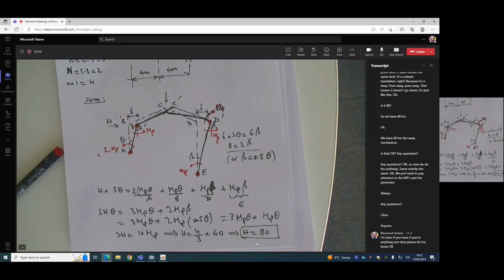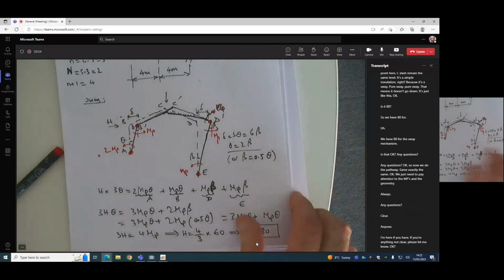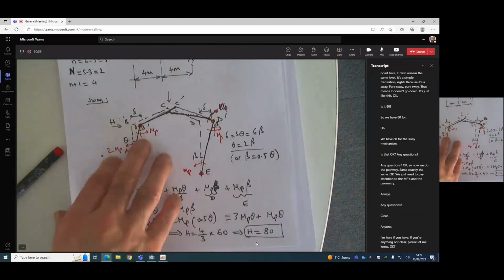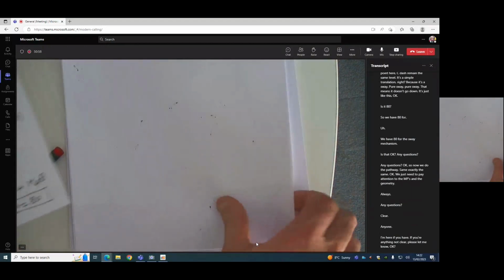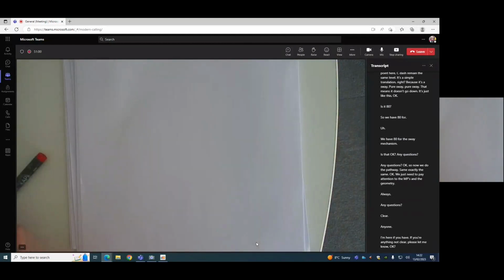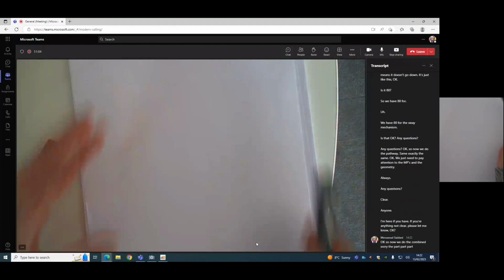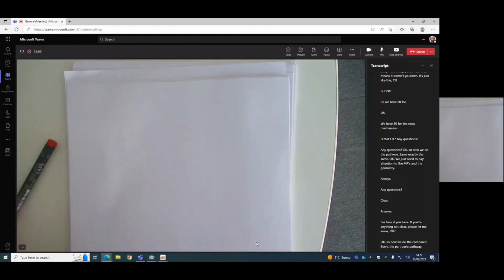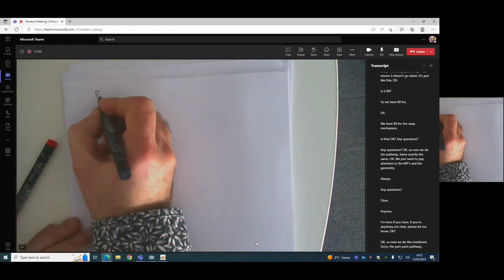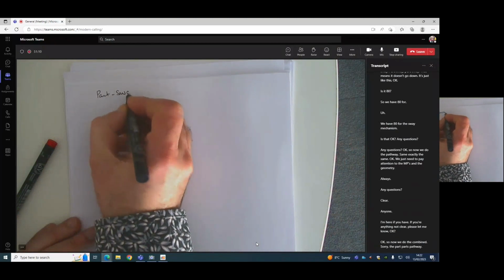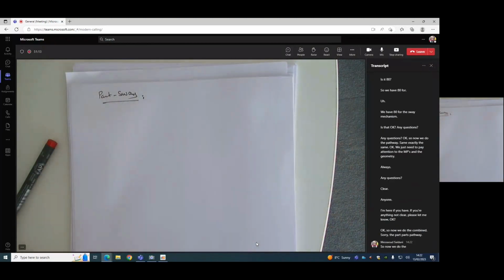Okay, so now we do the combined, the pathway.